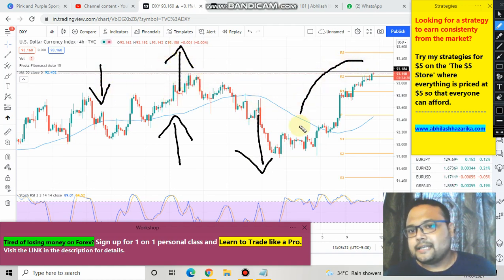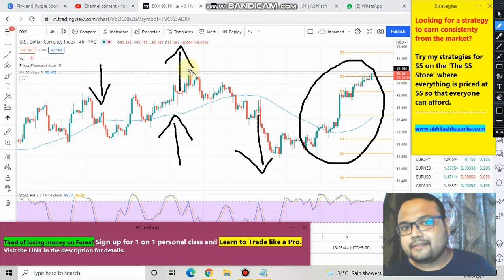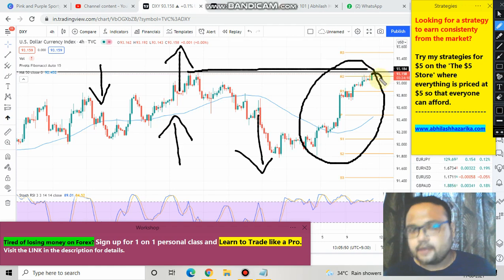Right now you can see that the dollar was extremely bullish, and this was the main reason why there was selling on gold, selling on the euro USD chart, selling on GBP USD. But right now the good news is that the dollar is just standing at a resistance. So if the dollar reverses from here, then you will see some good buying on the euro USD and GBP USD as well. So let's see where the market moves.